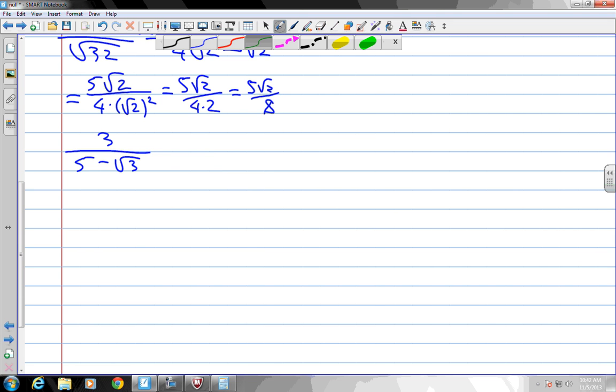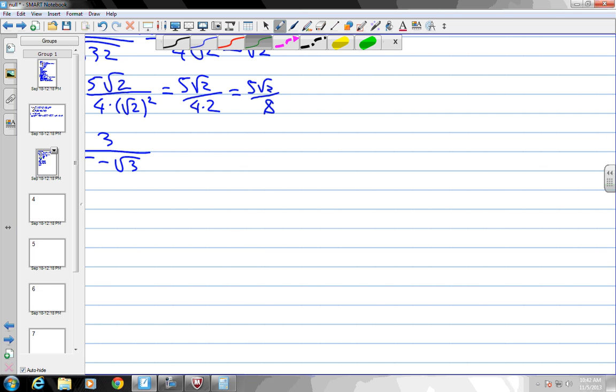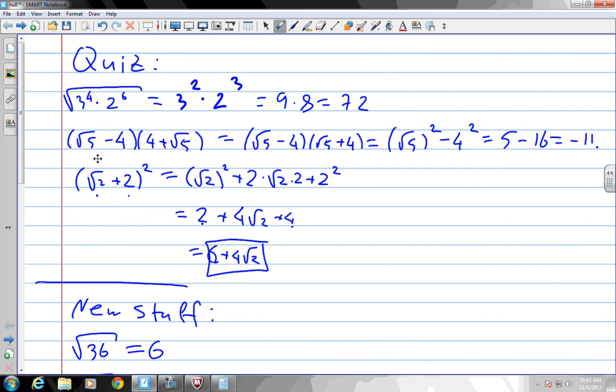If I multiply by same expression only with an opposite sign, then I'll be using a difference of squares formula, and that will come out to be an integer. If I flip back to your quiz, look at the last example. Just simply squaring a number like that does not get rid of the square root. But the one before, when multiplying two conjugates, will always come out to be an integer, right?